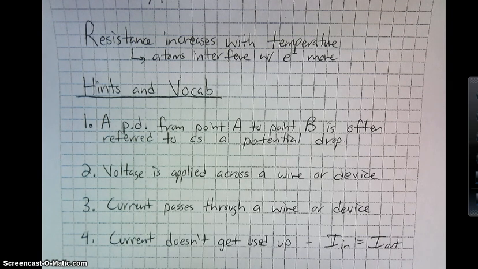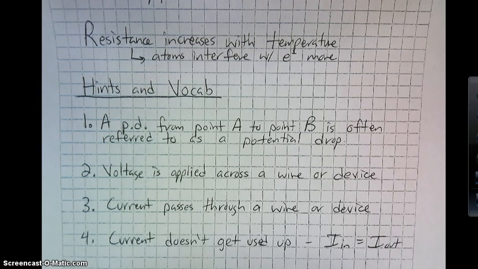The last one says that current doesn't get used up. Whatever the current into a junction is, that's going to be the current out of the junction. These things are going to make more sense as we start doing circuit diagrams, but I just want you to be aware of this vocabulary so that when it does show up, you're not completely lost by it.